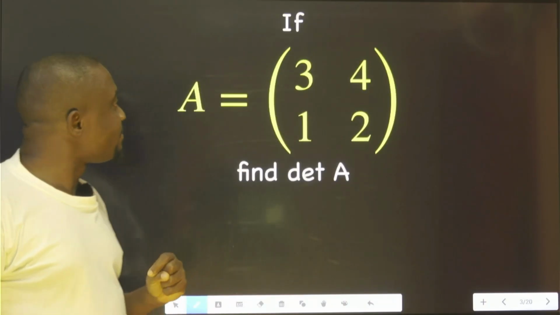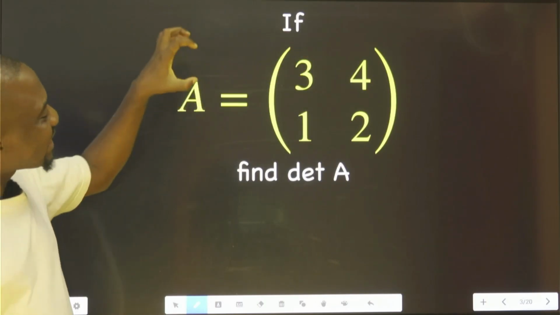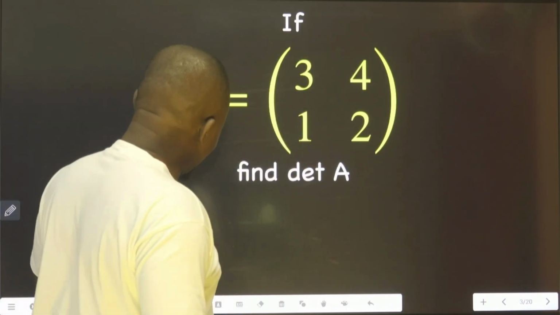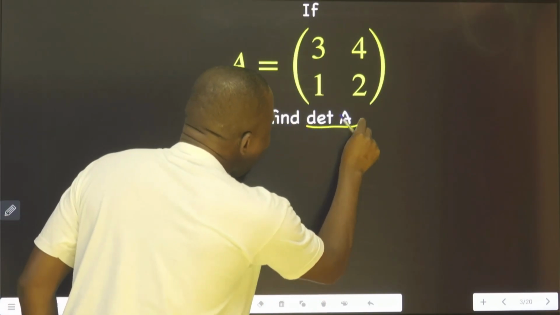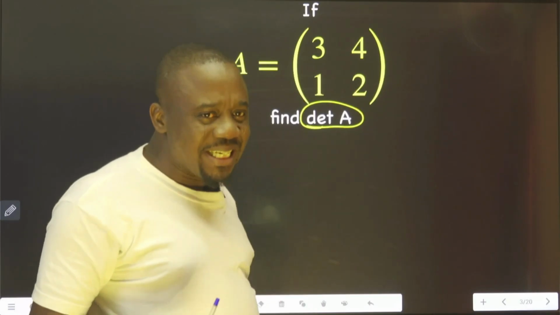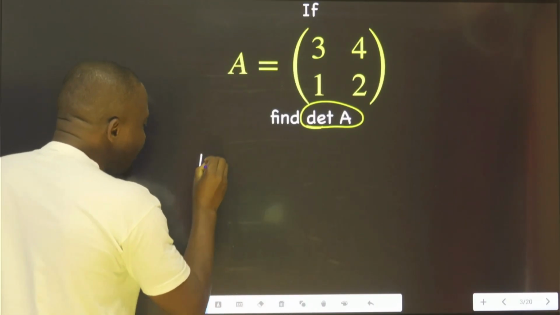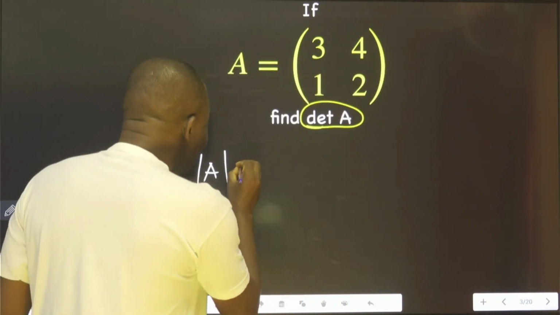Let's work on this. It says if A is equal to this, we should find the determinant of A. As you can see, they are representing determinant by det. You can also represent it like this, all the same.